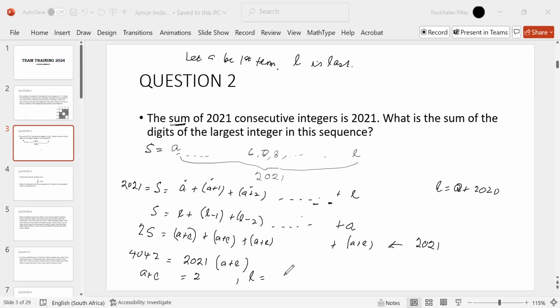L is equal to A plus 2020. Or if you like, we need to find what the last term is. A is equal to L minus 2020. So if you look at this thing here, I can write A as L minus 2020.